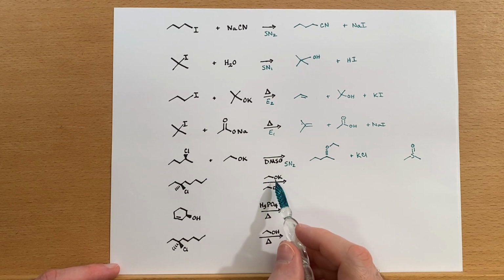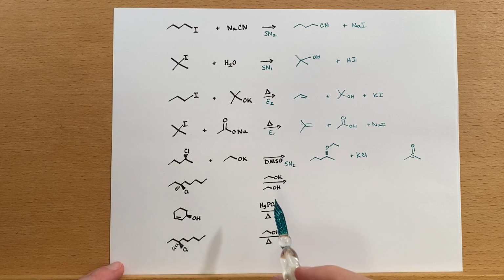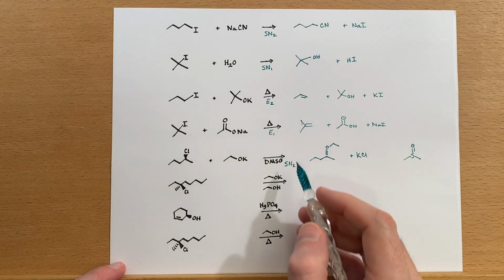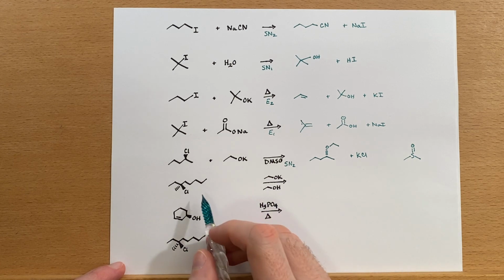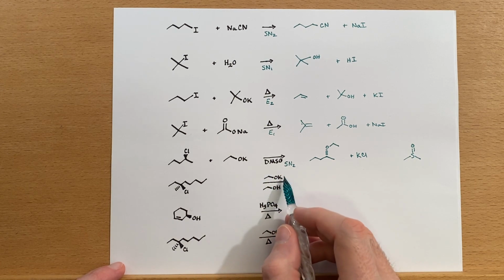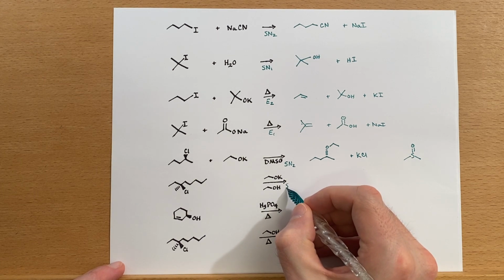But we'll probably have more from the nucleophile here. This is a fairly strong nucleophile, but now we've put it in protic solvent. So that's just another kick in the direction of SN1, because this protic solvent is going to reduce the nucleophilicity of this particular species.